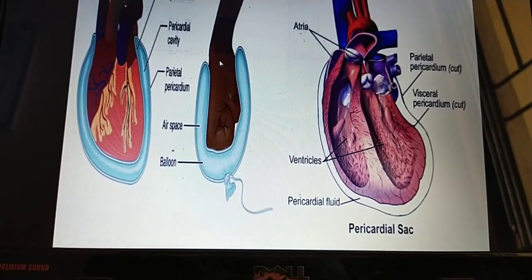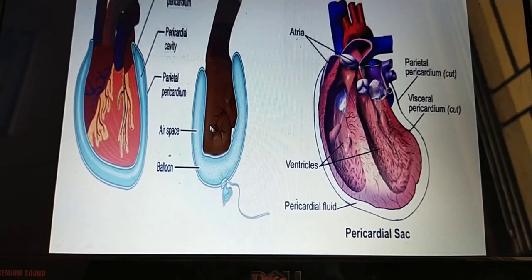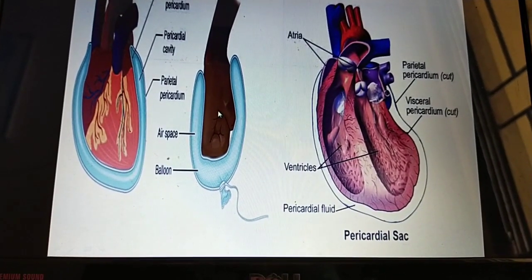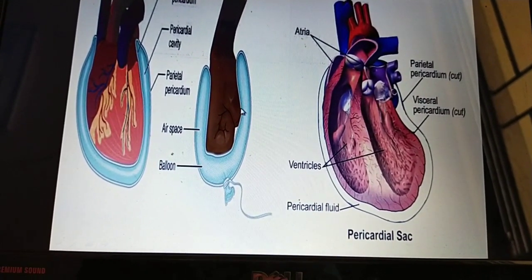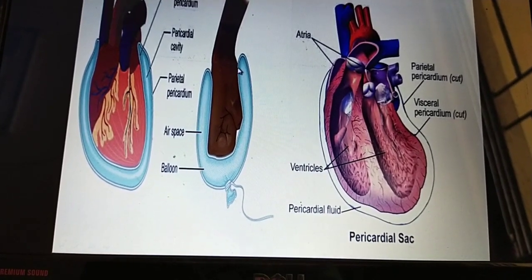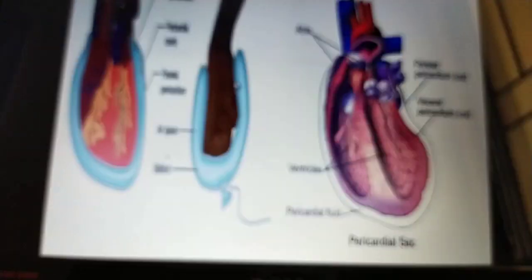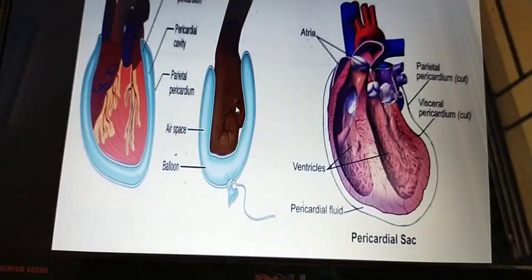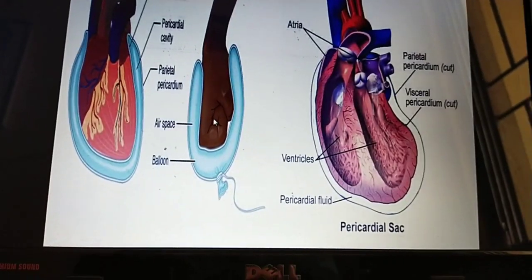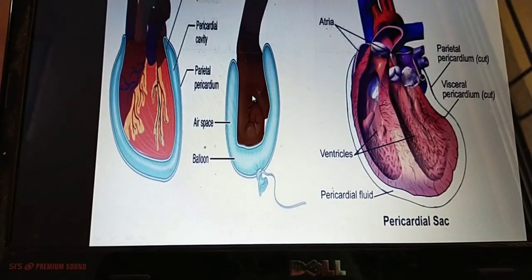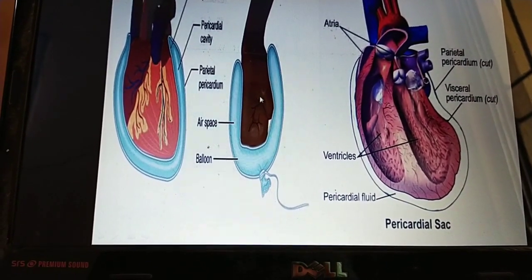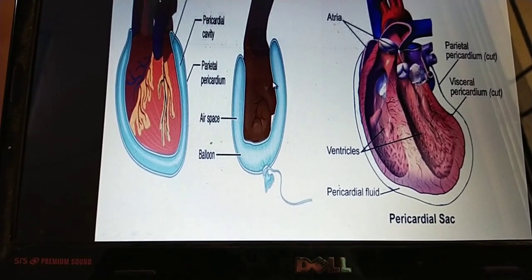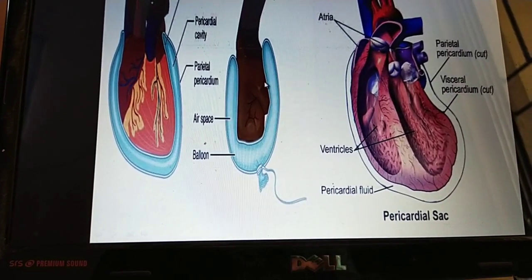This punched balloon, you can understand it, is the heart. Which layer, the innermost layer of the balloon, is attached to the heart, or the muscles of the heart? That layer is called the epicardium or visceral pericardium.